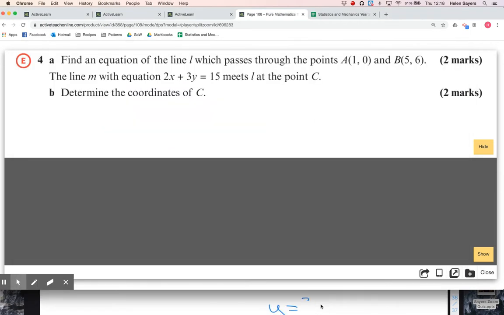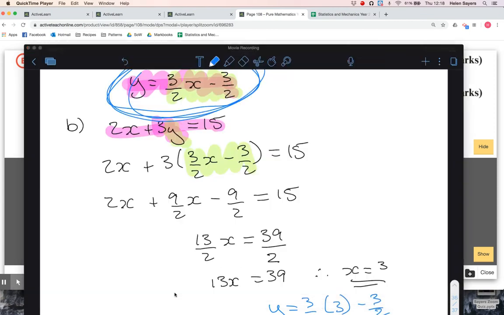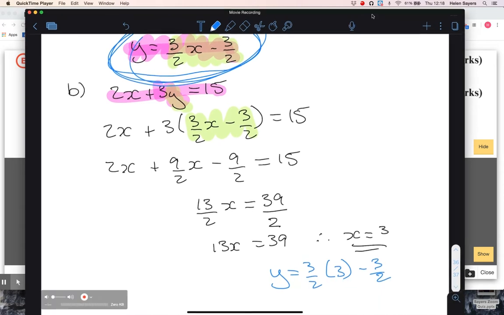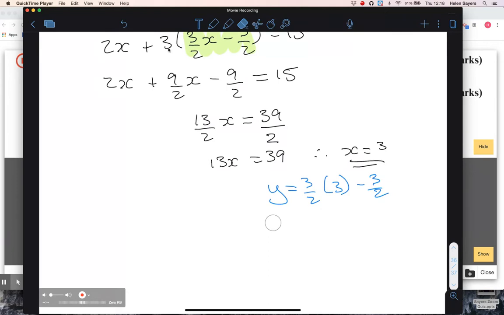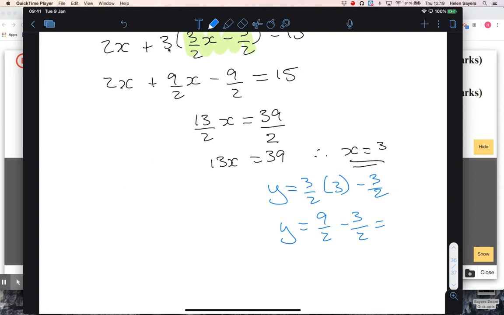So y is 3 over 2 x minus 3 over 2. All I'm doing there is substituting x is 3 into this equation. So y is 9 over 2 minus 3 over 2, so that's 6 over 2. So y is 3.